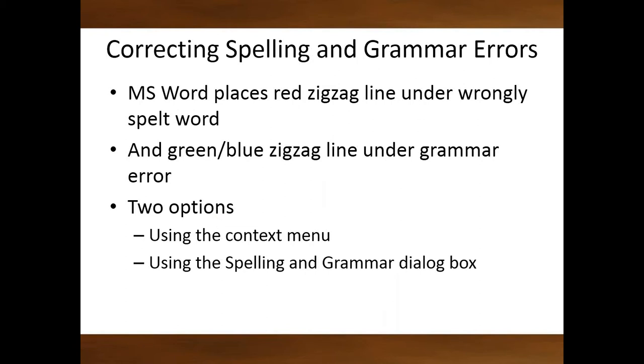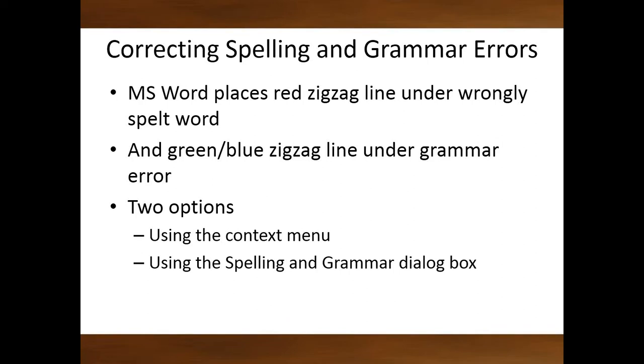When we type a document, the beauty of using word processing on our computers is that it enables us to see our spelling errors and our grammatical errors as well. Usually, in Microsoft Word, when a word is spelled wrongly, a red zigzag line is placed under that word.